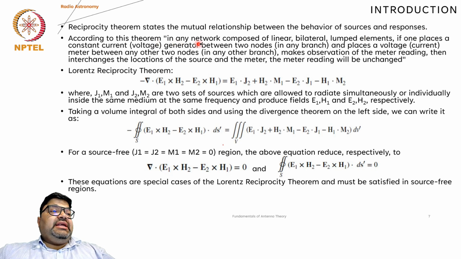According to this theorem, in any network composed of linear bilateral lumped elements, if one places a constant current generator between two nodes in any branch and places a voltage meter between any other two nodes in another branch, makes observation of the meter reading, then interchanges the locations of the source and the meter, the reading will be unchanged. A bit complicated. How do we apply?